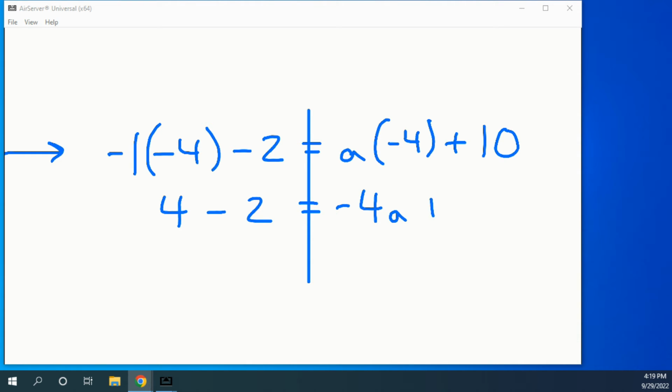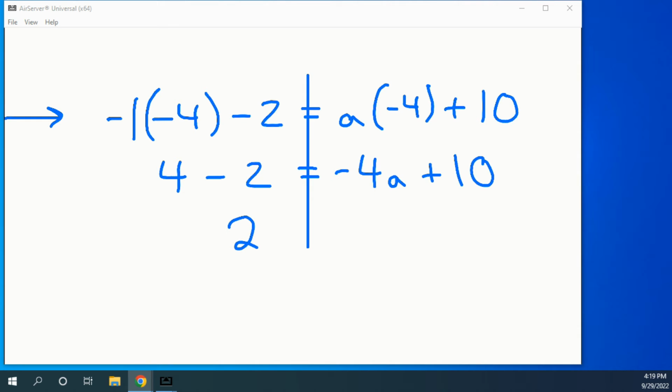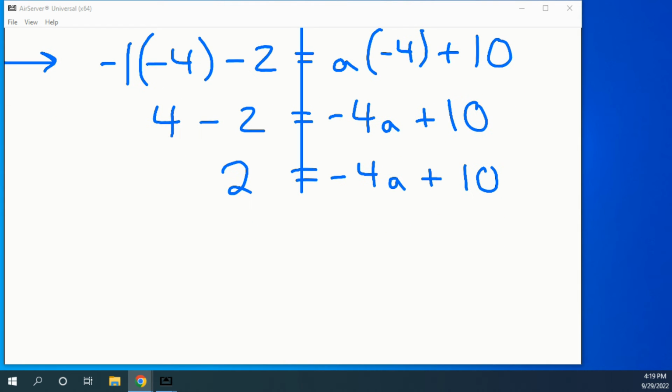I'm just going to rewrite that into something a little bit more familiar to us. Okay. Combine like terms if you can, and I can. 4 minus 2 is 2. Variables are already on one side. Subtract 10 to get your constants on the other side.